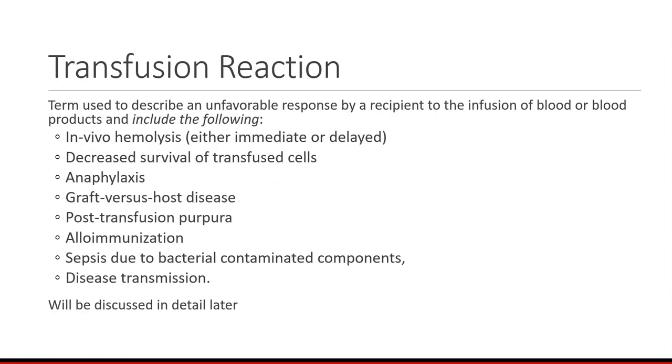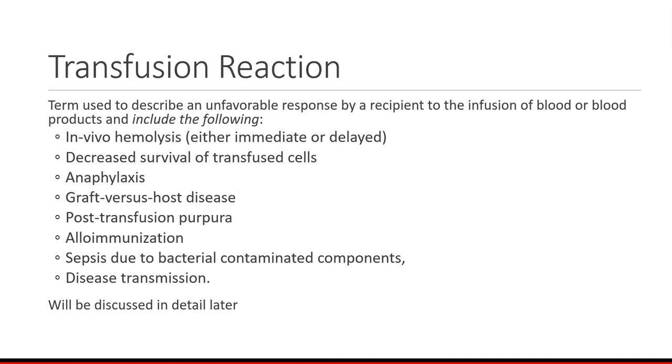A transfusion reaction is a term used to describe an unfavorable response by a recipient to the infusion of donor blood or blood products, and they include the following: in vivo hemolysis, either immediate, such as in a secondary response, or delayed, which is caused by a primary immune response. It results in decreased survival of transfused cells. Anaphylaxis is another one, usually due to IgA antibodies present in the recipient.